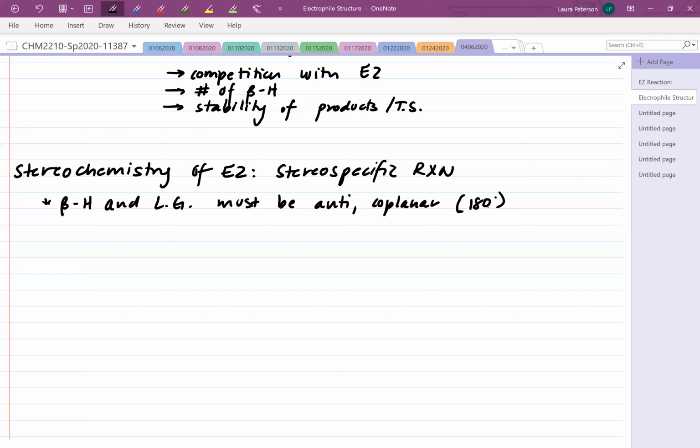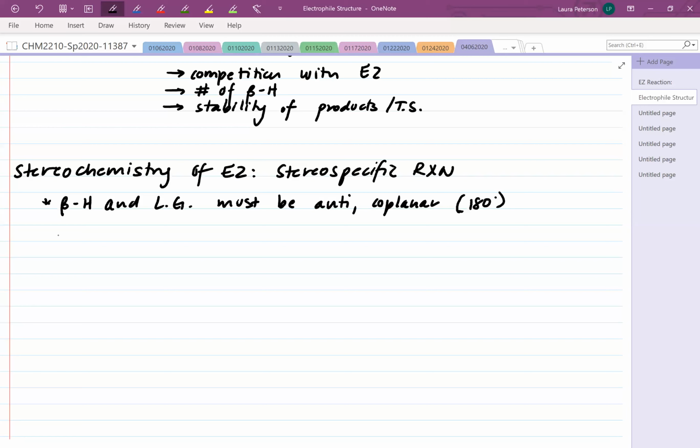The orbital of the carbon-hydrogen sigma bond, and the carbon-leaving group anti-bonding orbital, there is an orbital requirement there. So for the electrons to transfer from the beta hydrogen that's being removed and flow into the leaving group that's going to gain the lone pair, they must be in this stereochemical relationship, 180 degrees apart.